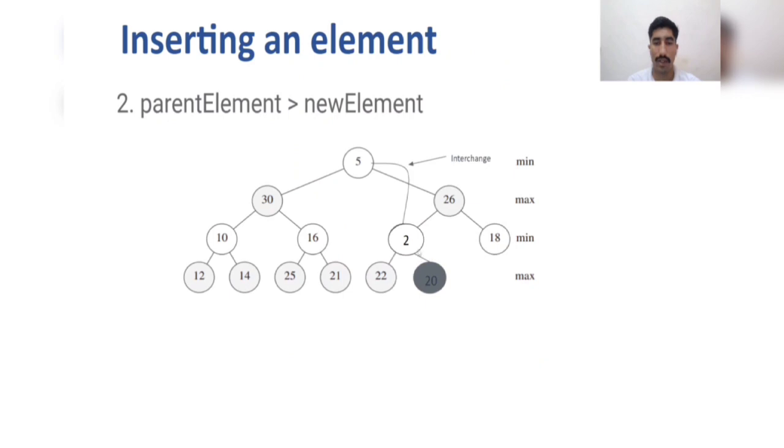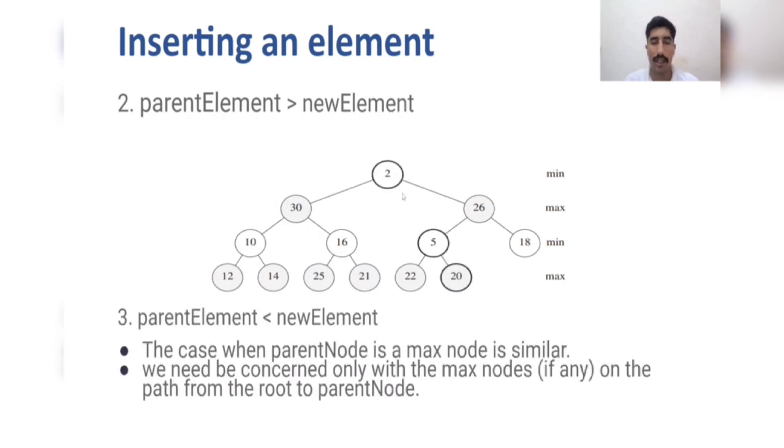So it got replaced by 20, its parent, and now it will get interchanged also with the root, which is the next min level. And since 2 is less than 5, it will get interchanged. And here is the final heap after inserting the new element 2. So now 2 becomes the root node and 5 comes in the next min level and 20 changes its level from min level to max level.